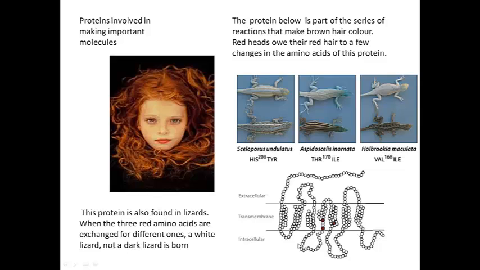This is also the protein that makes hair colour, and a few changes in this amino acid produces red hair colour. The red hair colour mutation in humans is a comparatively recent mutation. Scientists think that red hair first appeared in humans about 15,000 years ago.